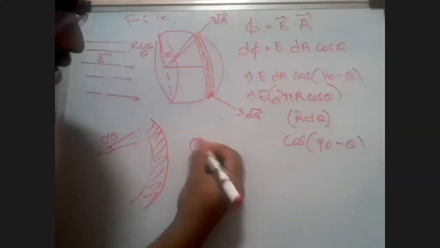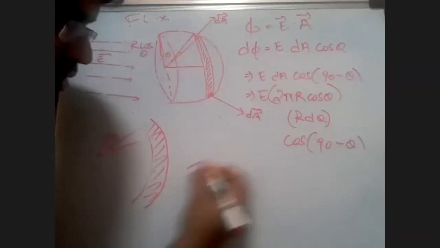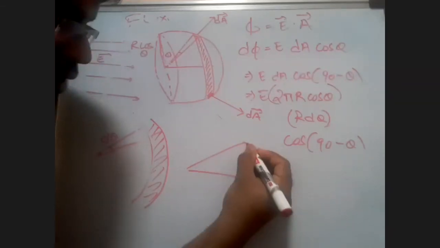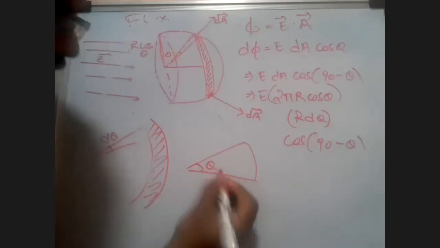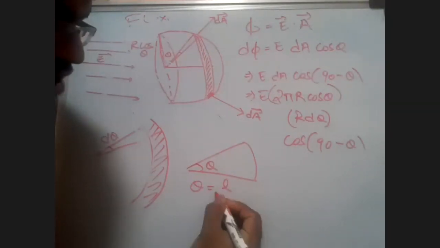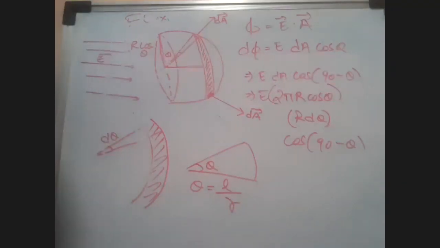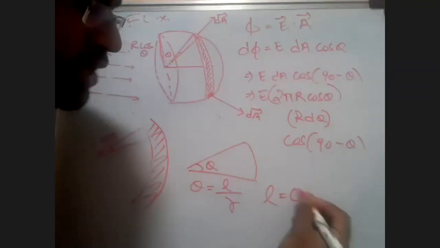In other words, if you remember solid angle, I mentioned that if there is an angle like this, and this is a part of a circle, I've taken a small arc, and this is theta. Theta is going to be equal to the arc length L divided by r. So L can be written as theta into r.